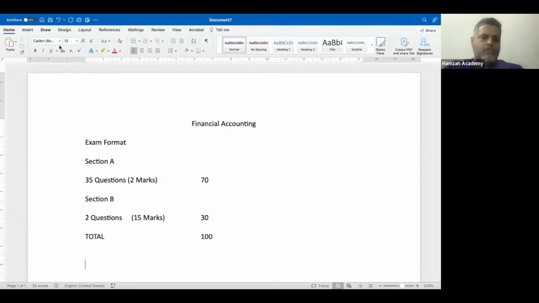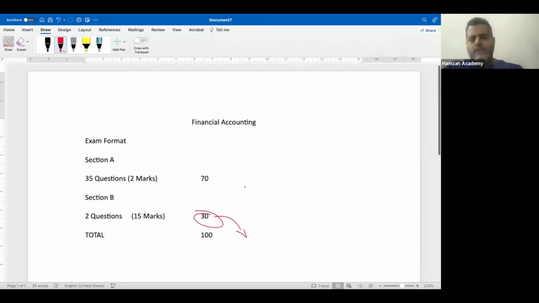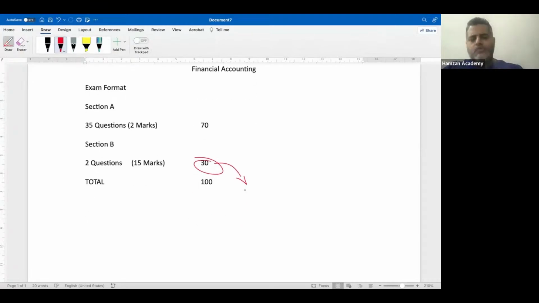Now, these 2 questions can be MTQs, or structured based, but on a pre-given format, right?